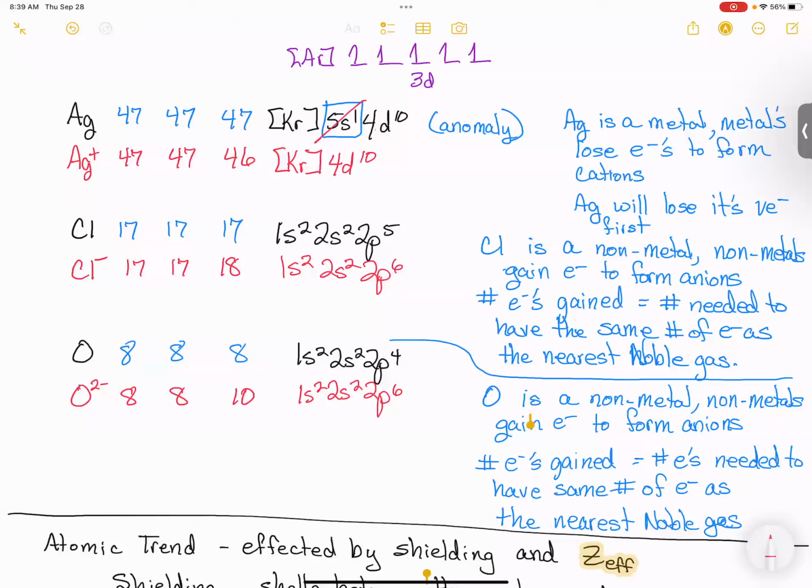So you should understand where every single subatomic particle resides in the atom of the element at this point, or in an ion of an element at this point, down to the shape of the orbital it's in.